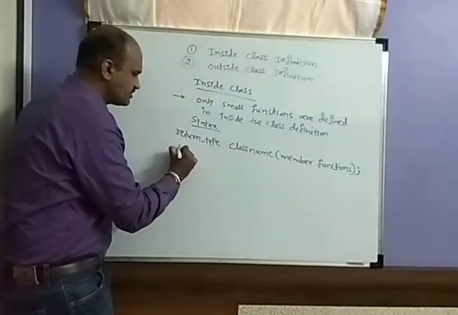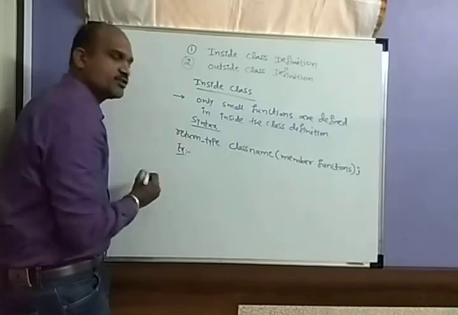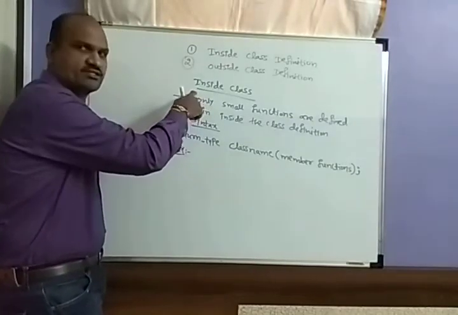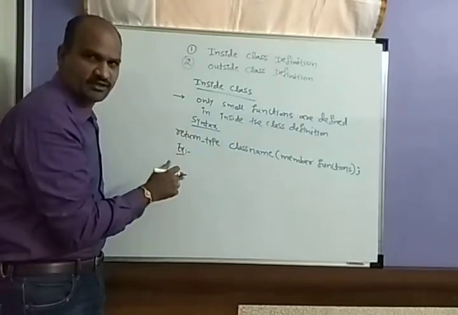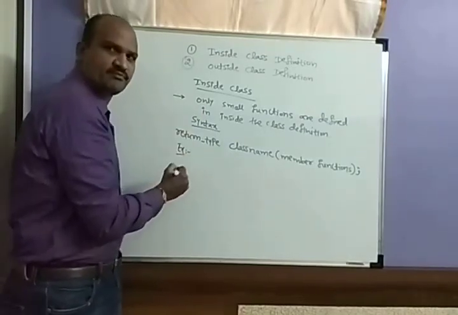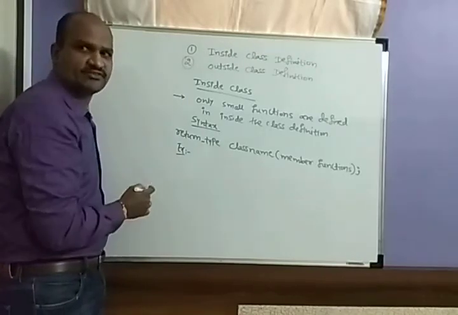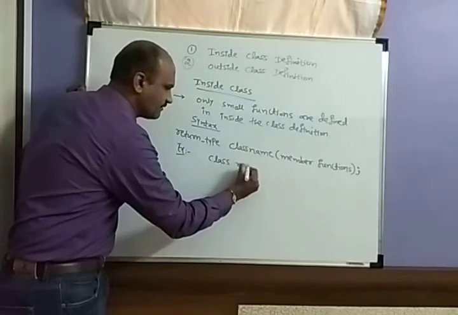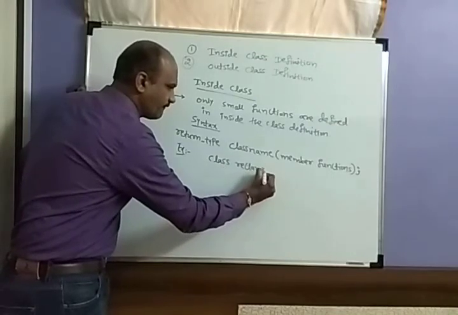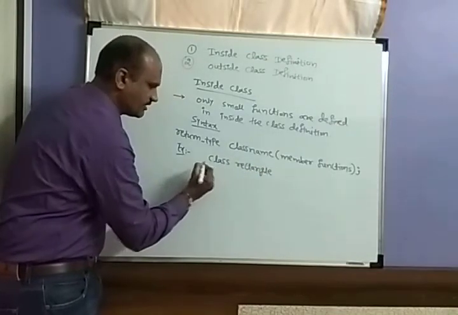Okay, let's go to a simple example for this, that is inside the class. So you have to write the functions inside the class only. Now I will take the same example, a rectangle, as a class rectangle. Name of the class.